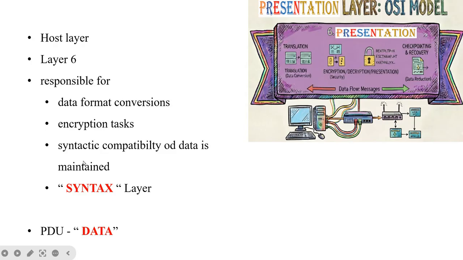Now, what do we mean by syntactic compatibility? This refers to the ability of two systems to understand the structure, format, and grammar of the data being exchanged. That is called syntactic compatibility. And the protocol data unit associated with this layer is referred to as the data.